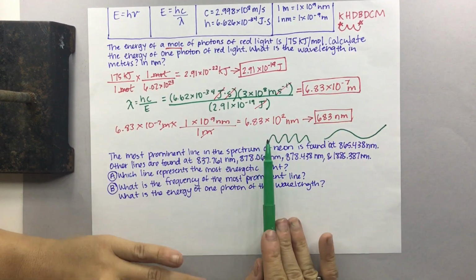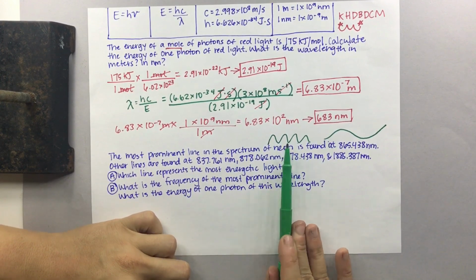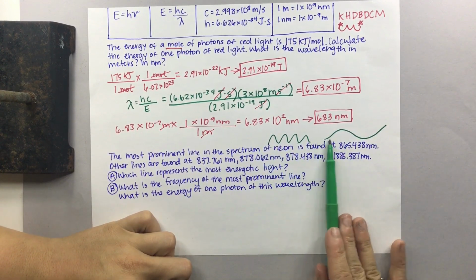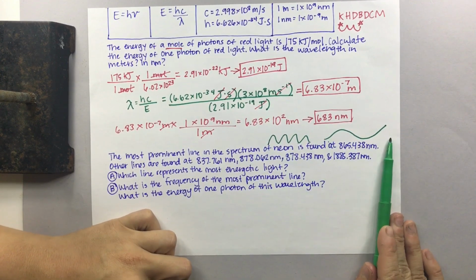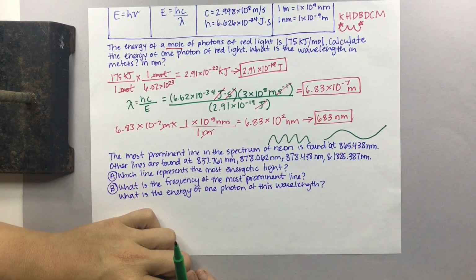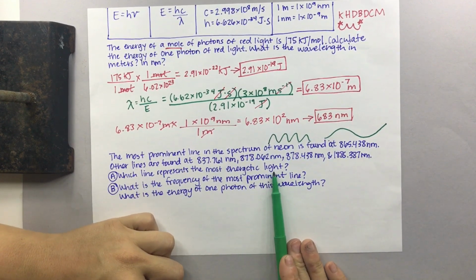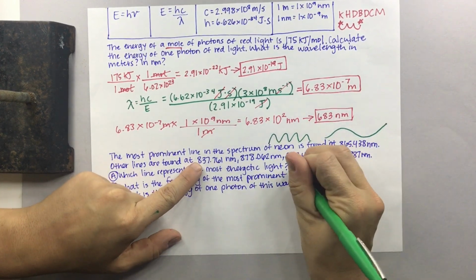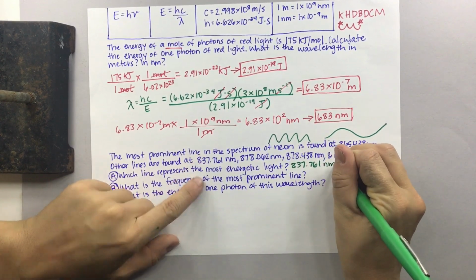If I have a shorter wavelength, it means I have higher frequency, which means greater energy. Longer wavelength means less frequency, because of that inverse relationship, and it's also less energy. So when it asks which line represents the most energetic line, I'm looking for the one that has the shortest wavelength of my options provided. That would be my answer.